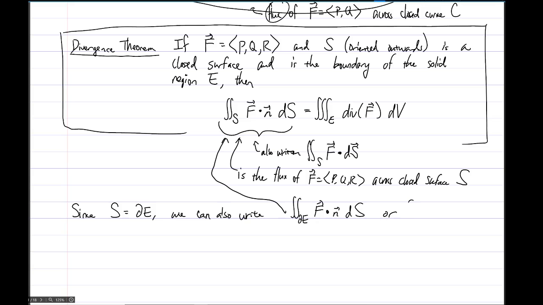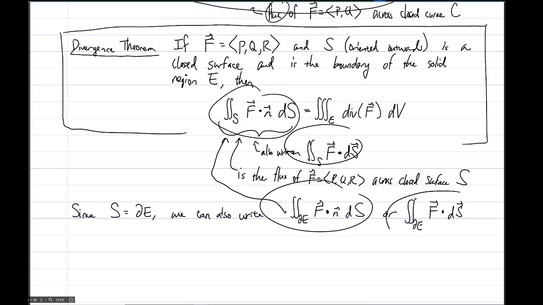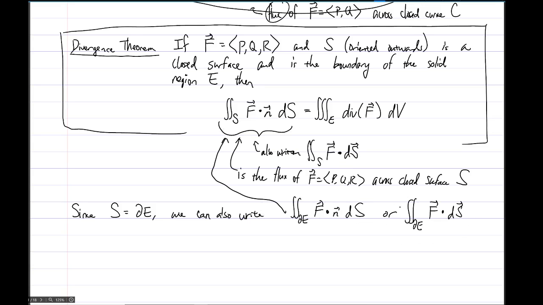Or we can also write this as the double integral over the boundary of the three-dimensional region of F dot bolded dS. So we actually have 1, 2, 3, 4 ways of writing the same thing. It's just, do you want to write S or do you want to write the boundary of E?